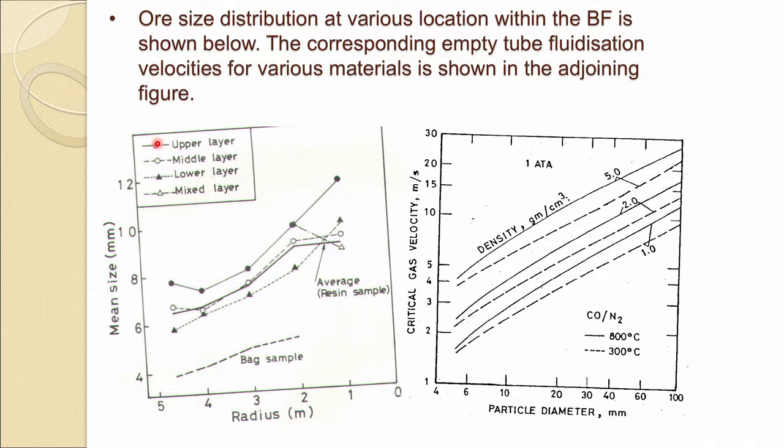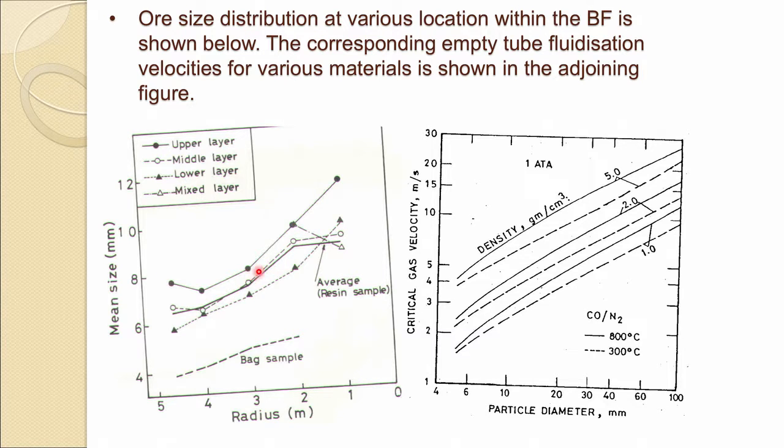Obviously, in the upper section you are charging it, so the mean size would be higher, which you can see from this topmost curve. This is high, but as the layer goes down, reduction and other things take place, so their size decreases, and of course, at the bottom the size decreases further. So, you can also think that permeability also decreases.